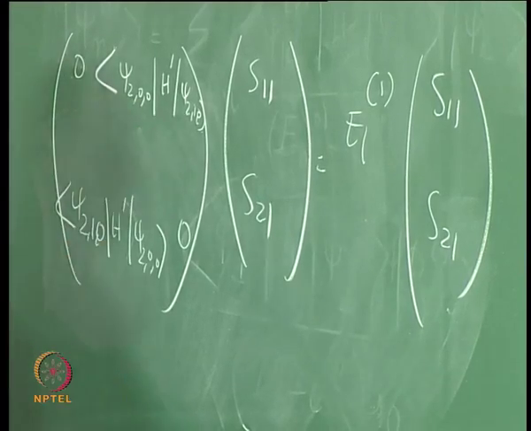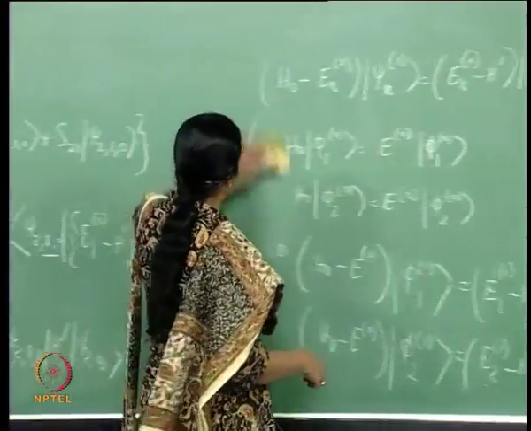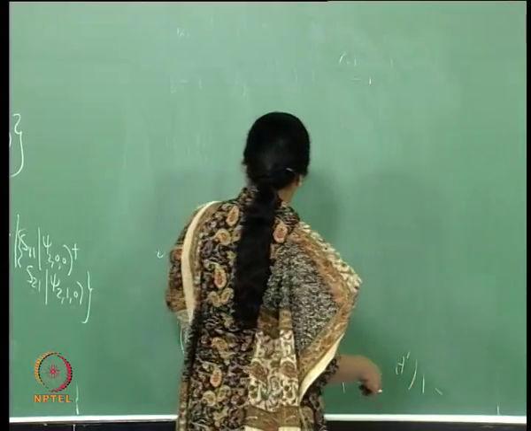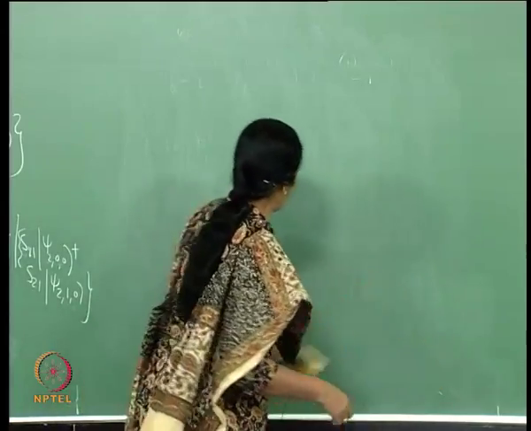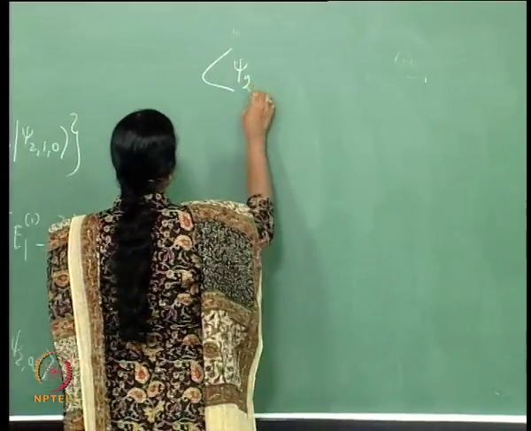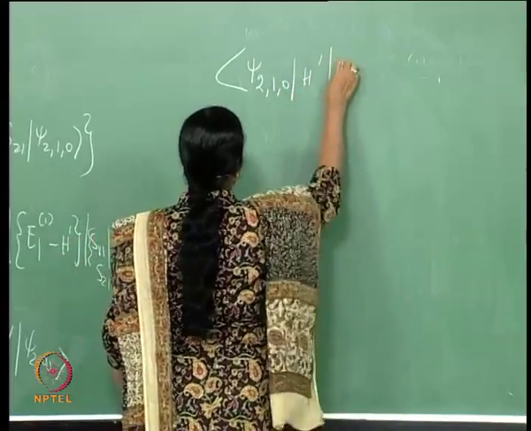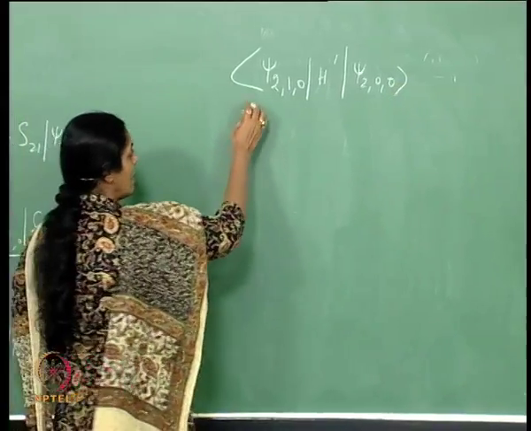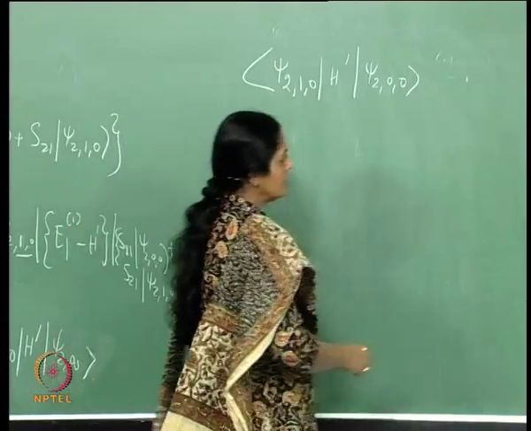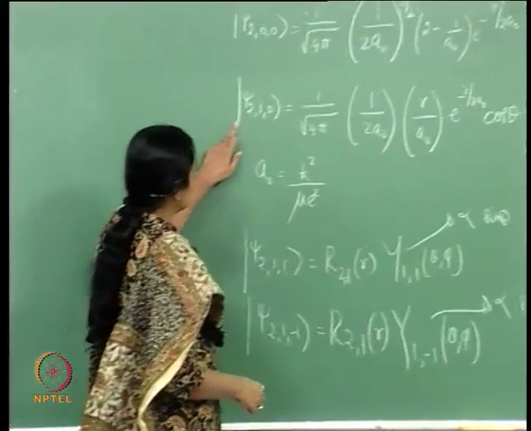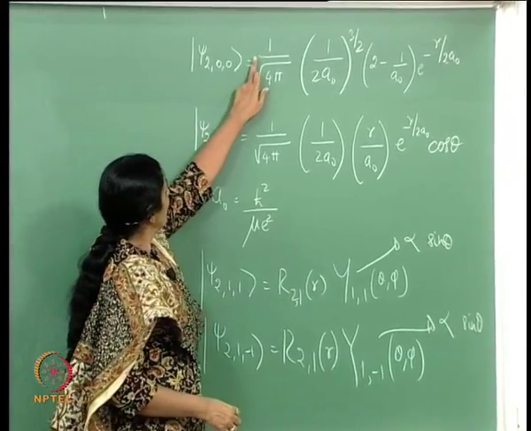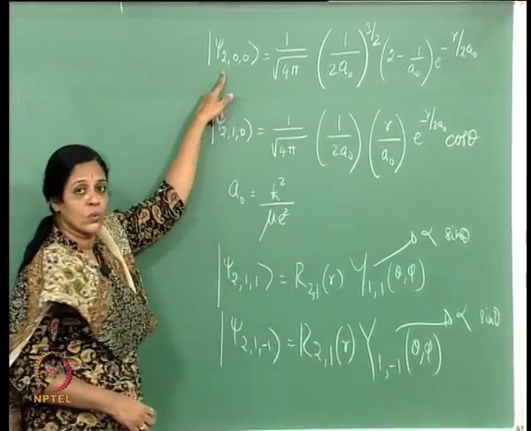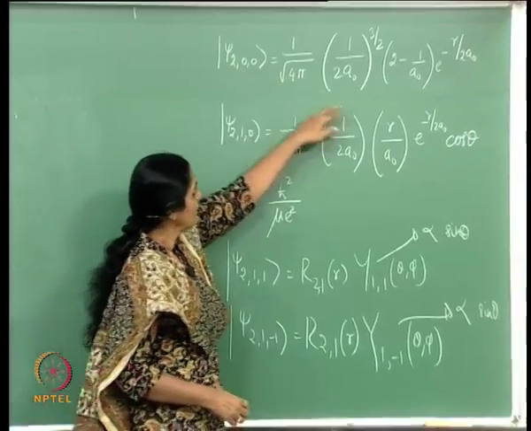Now, let us look at the matrix element. If you wish to compute psi 210 H prime psi 200, you have to feed in everything now. The expressions are here. Psi 200 has a Y00, and then there is an r dependence, R20(r), and that is out here.